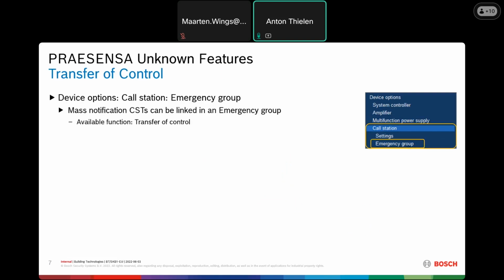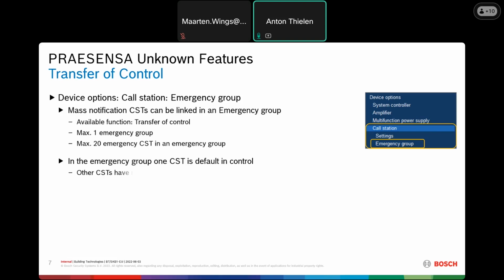What is it about? You have device options, and call stations can be part of an emergency group. They can be linked together as a group, and in that group, these call stations can take over the control of each other. You can configure a maximum of 1 emergency group in a system, and in total a maximum of 20 call stations can be assigned to such a group. In the emergency group, 1 call station is by default in control.